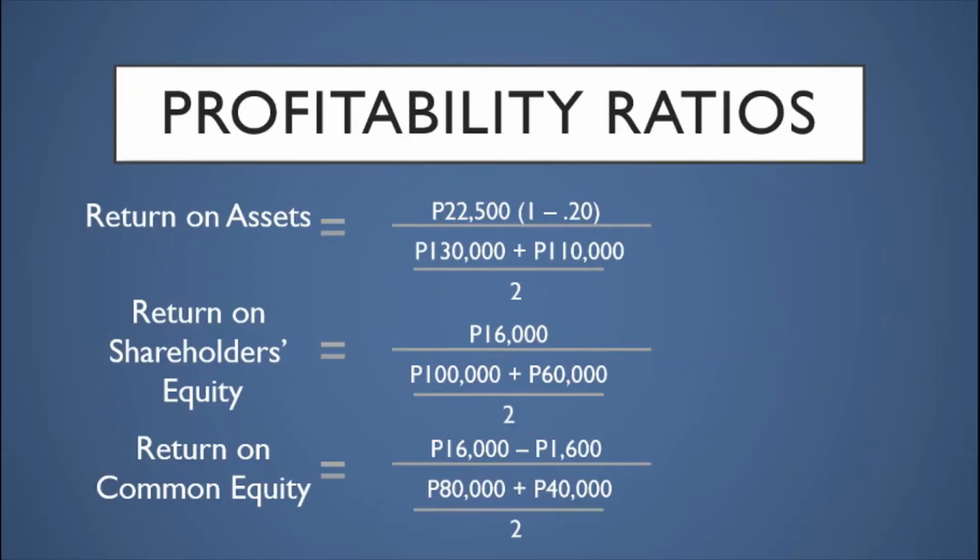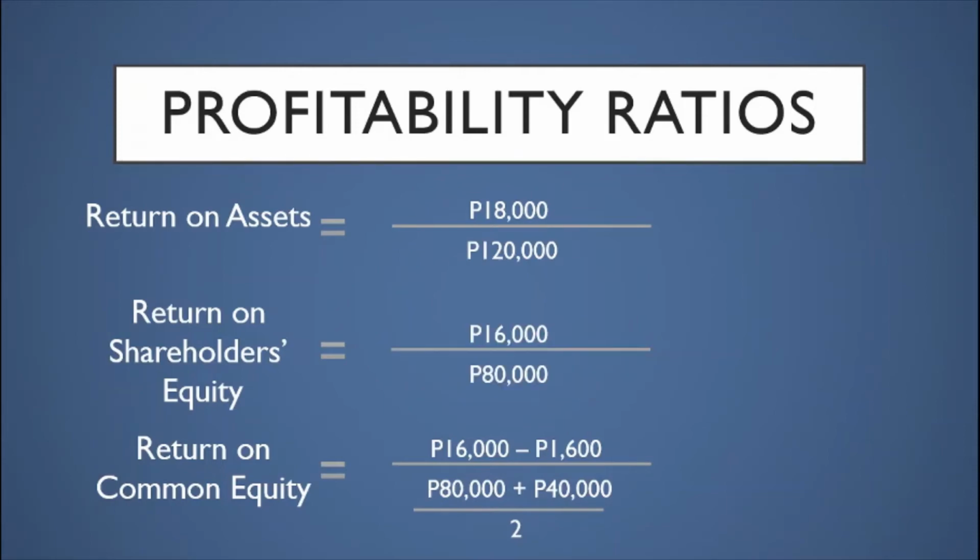As for the return on assets, this can be simplified to 18,000 pesos divided by 120,000 pesos. As for the return on shareholders' equity, this is 16,000 pesos divided by 80,000 pesos.